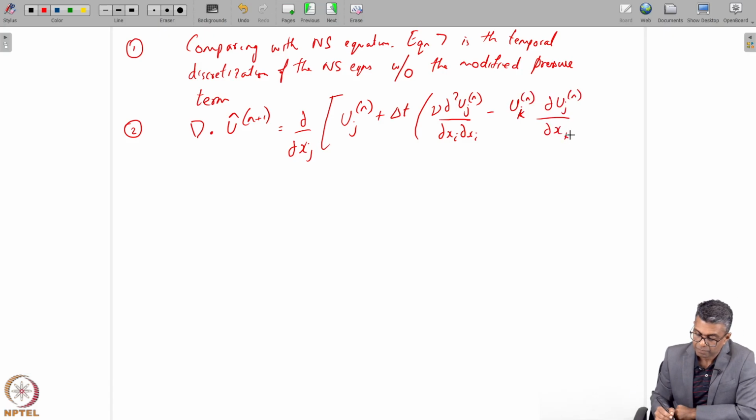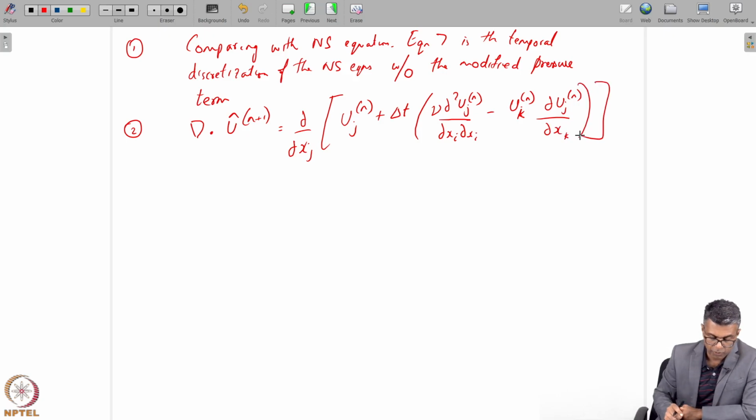This is the inertia term, the second one. This is what I have. Now if I use the derivative to take the derivative of each term separately, I'll have del uj del xj of n, plus delta t, and if I take a del xj, what do I get?